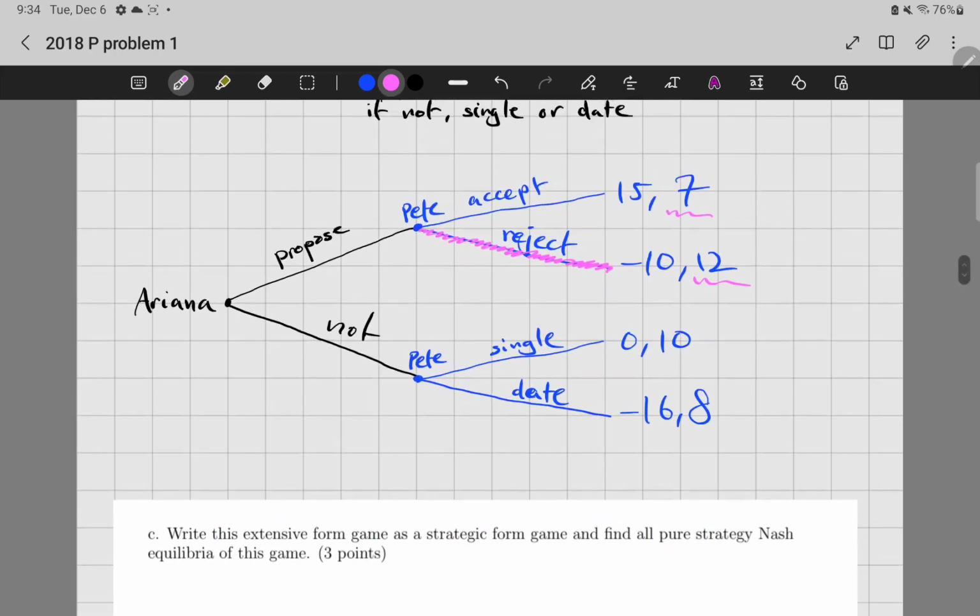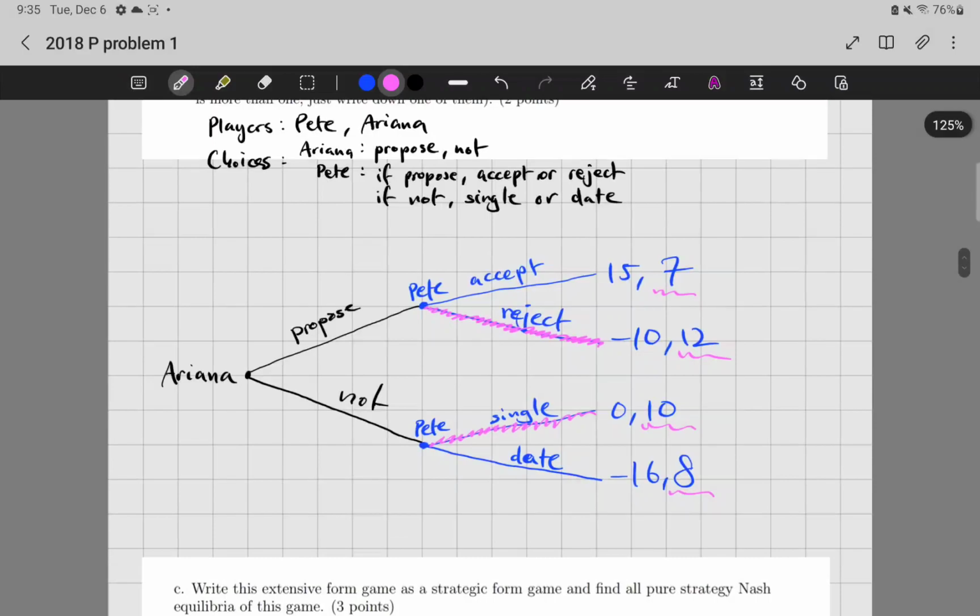Now, if Ariana does not propose, Pete gets a choice of staying single and get a payoff of 10, or he can date and get a payoff of 8. Because 10 is greater than 8, he will most likely choose to stay single. Now it's Ariana's turn.